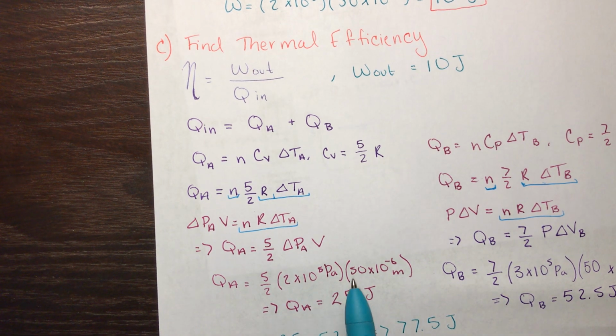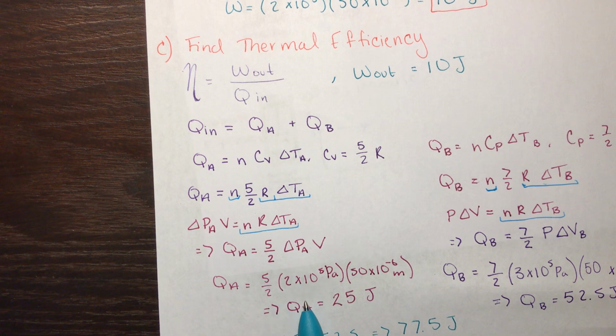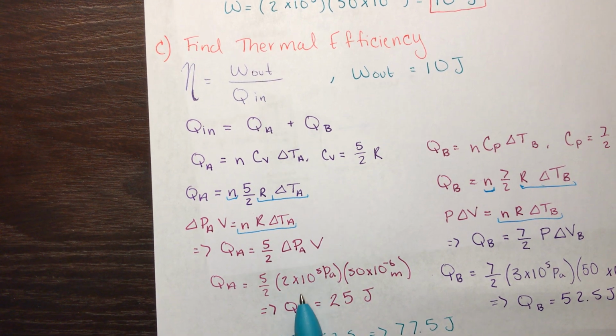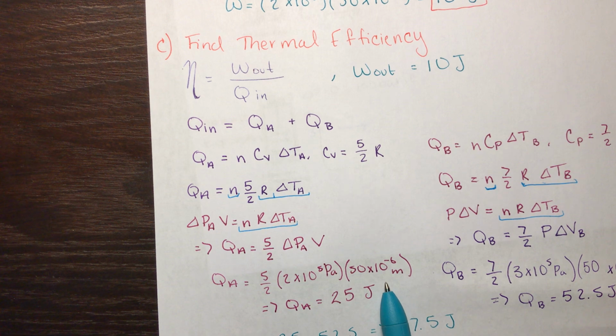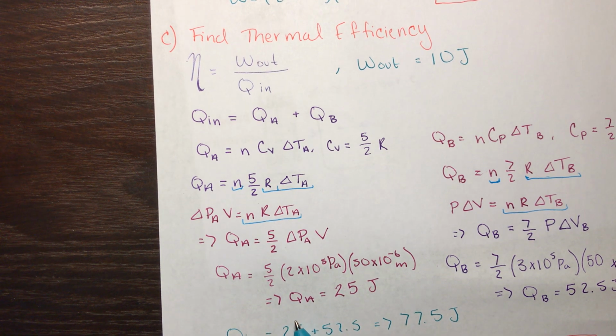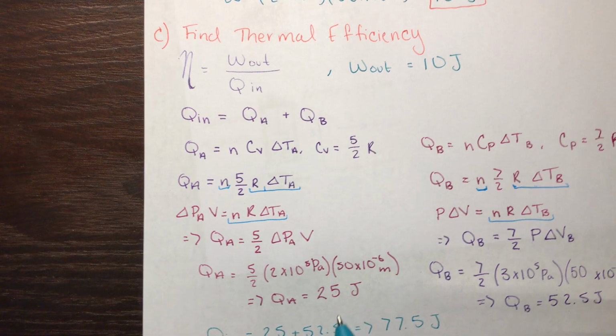Now we plug in our change in pressure, which is 2 times 10 to the 5th power pascals, and the volume for process A, which is 50 times 10 to the negative 6 meters cubed, and the total Q for A is 25 joules.